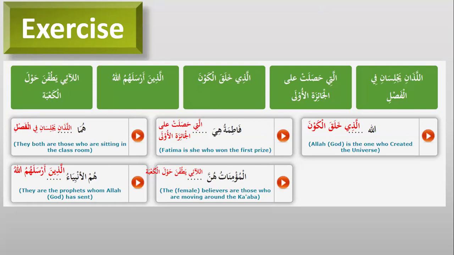So what and who, when you make questions. But the use of ma and man is also as relative pronouns. They are used for detailed questions like what, and apart from that, they are used as relative pronouns as well. In the Quran also you will get ma and man.